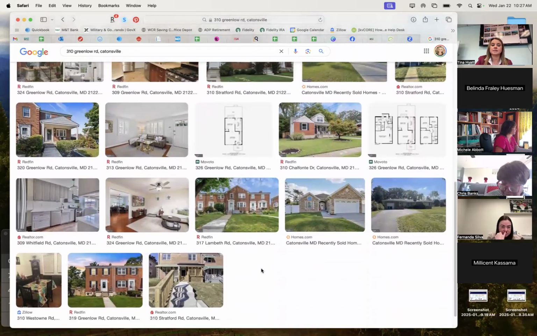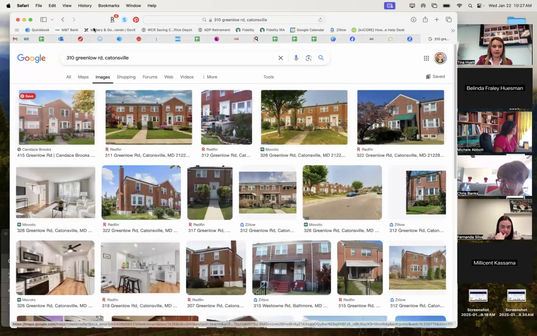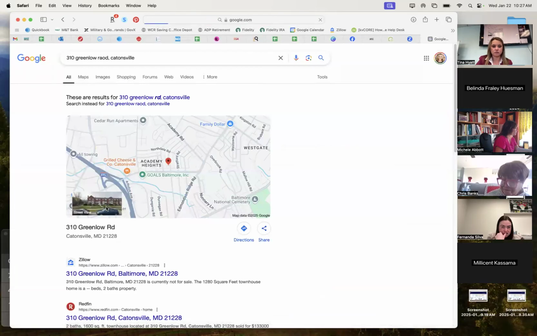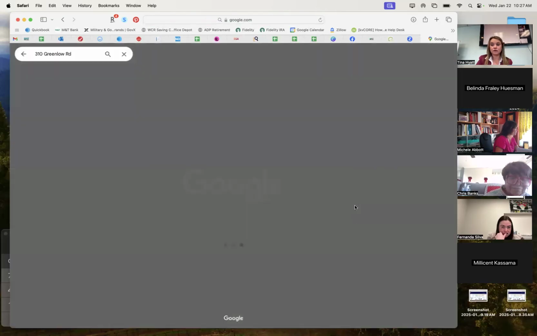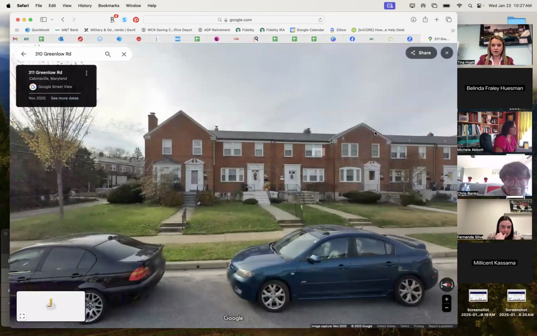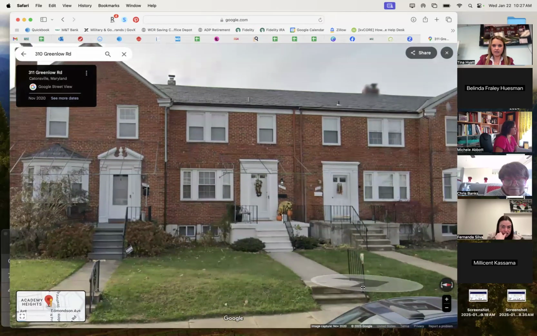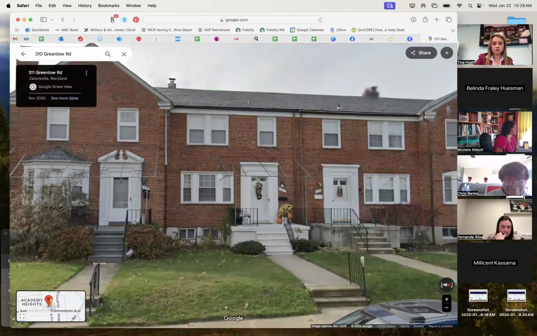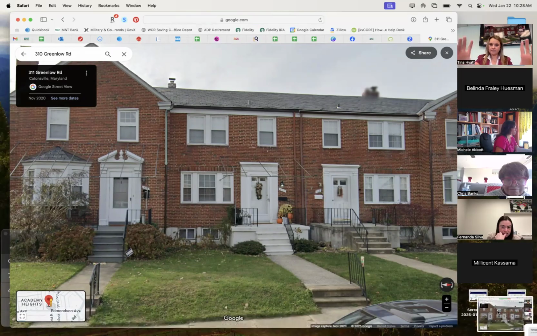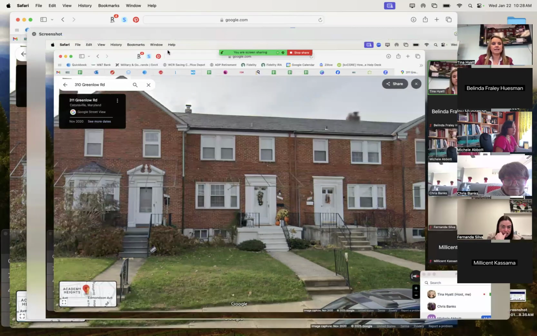So you can either pull one down off of the old MLS, or if you're not finding an image, one of the easiest things to do is go to Google Street View. There's my property. Then I can screenshot or screen print my Google Earth image right there, and create my image from that screenshot if I want something for my marketing.